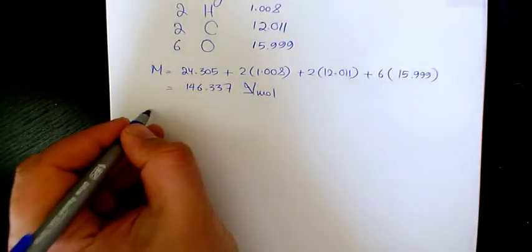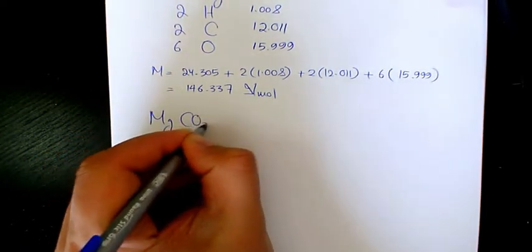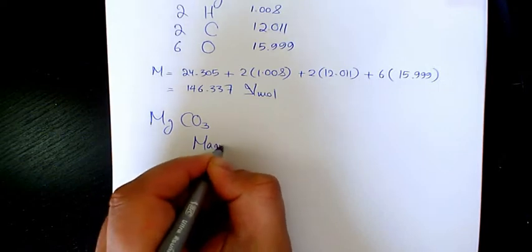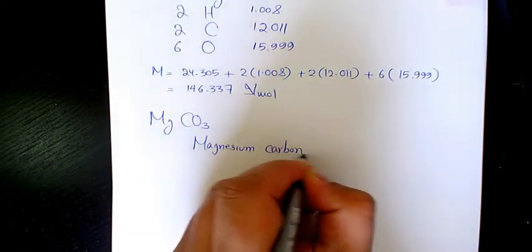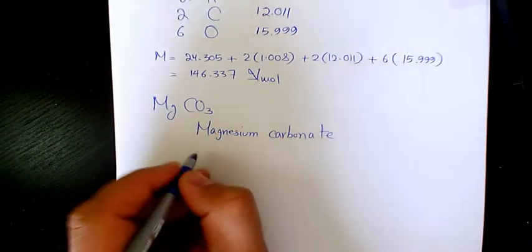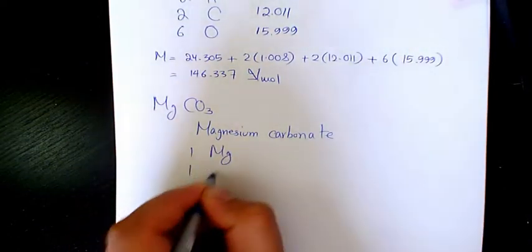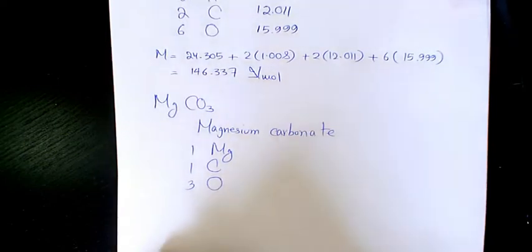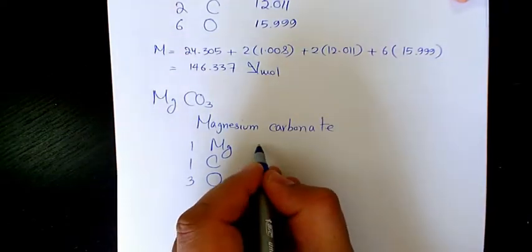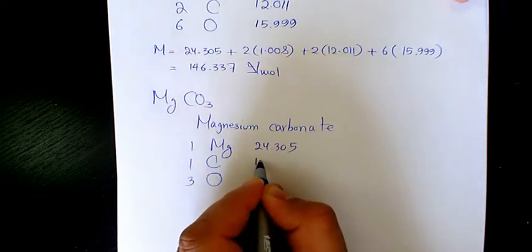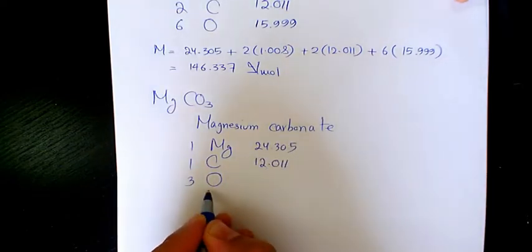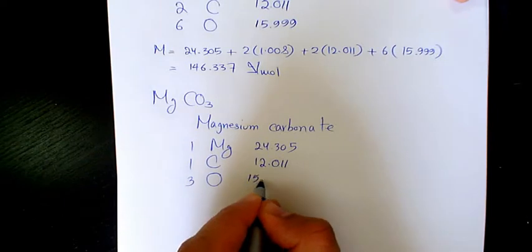Next one is MgCO3, which is Magnesium Carbonate. Now 1 atom of magnesium, 1 atom of carbon, 3 atoms of oxygen. Magnesium is 24.305, carbon is 12.011, oxygen is 15.999.